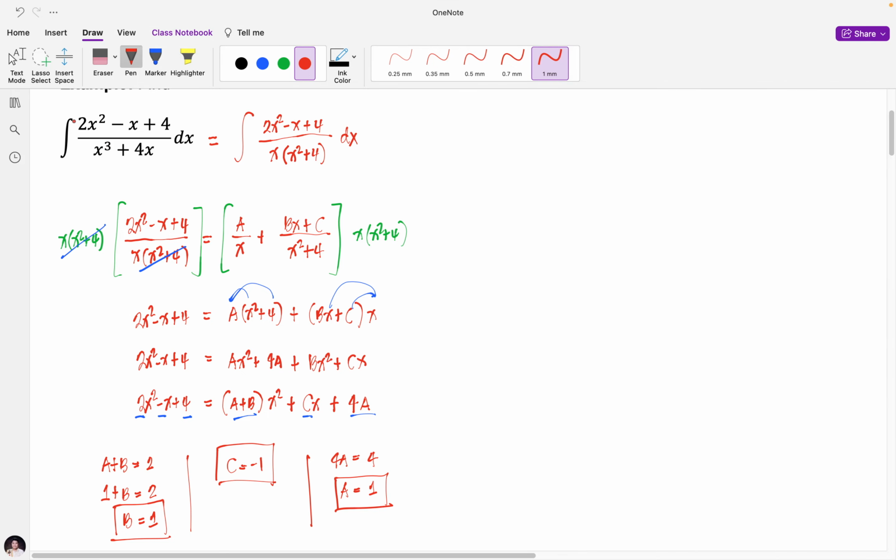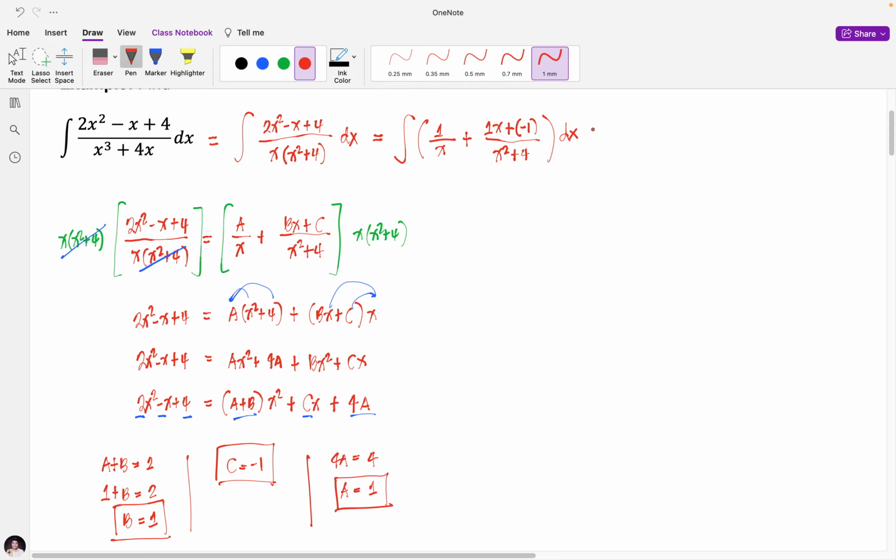Automatically, we can now solve the integral. So here, we have the integral of A over x, A is 1, so that is 1 over x, plus B is 1, so 1x, so Bx, plus C is negative 1, so x plus negative 1 all over x squared plus 4, and we have dx.